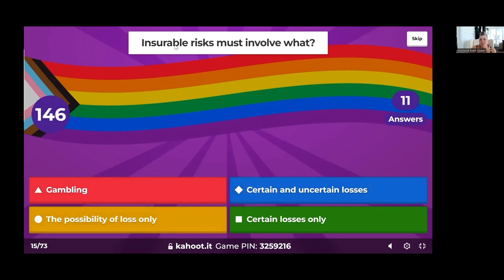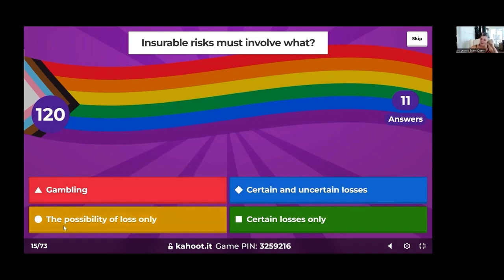Remember, this doesn't have the word pure in it. There are two types of risk, speculative and pure. Pure is the only one that's insurable, so they have to be talking about pure risks here, even though they didn't use the word. Pure risks are loss or nothing. Either something bad happens or nothing happens.